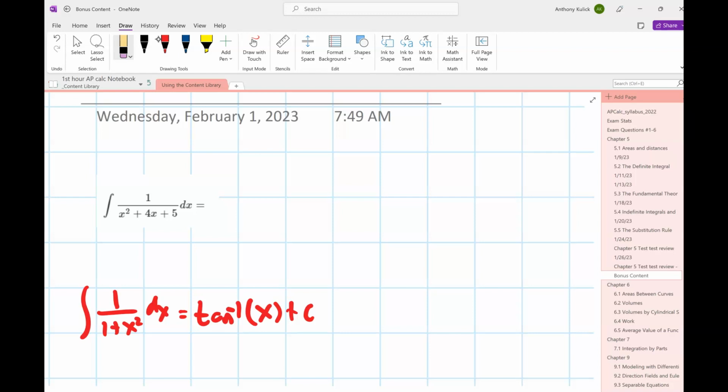How am I going to do that with x squared plus 4x plus 5? The skill you're searching for is an Algebra 2 skill, and it's a skill that hasn't come up in a long time. It has to do with quadratics.